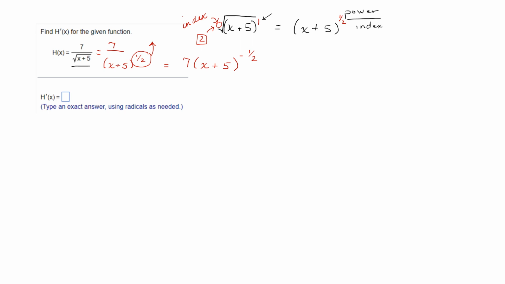And now we just use the power rule to simplify. So we'll keep the 7. It's going to be times the negative 1/2, which is still times the x plus 5. And then it'll be our exponent minus 1.